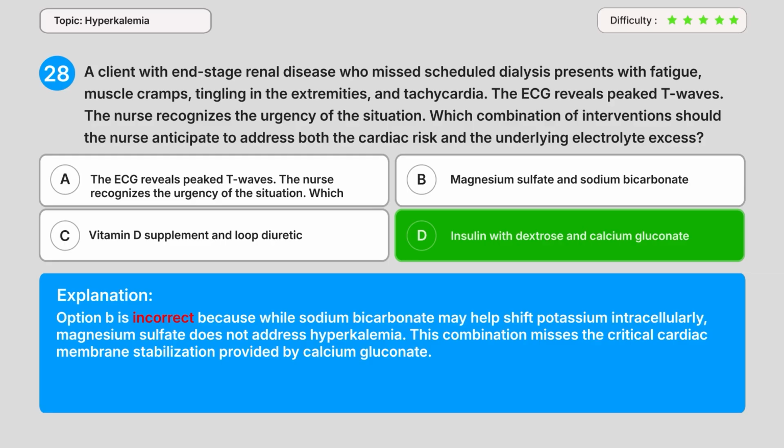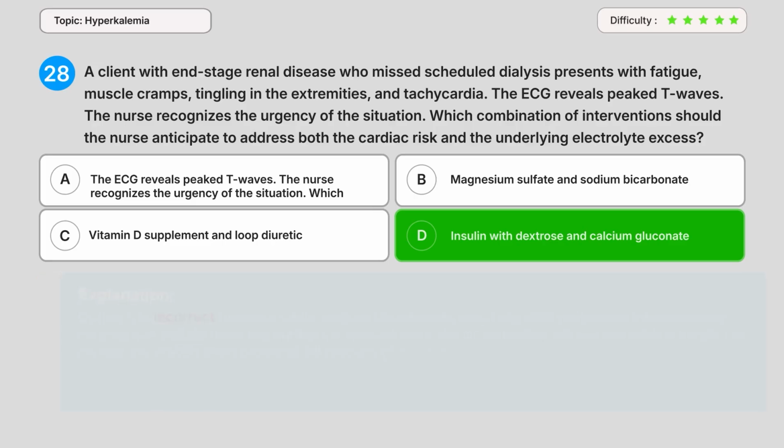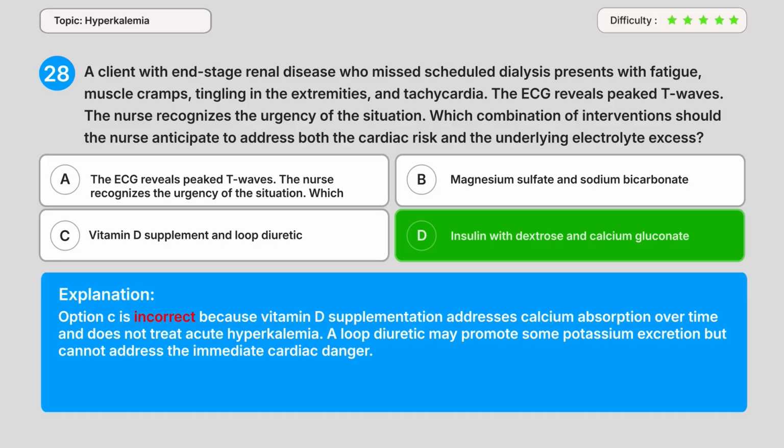This combination misses the critical cardiac membrane stabilization provided by calcium gluconate. Option C is incorrect because vitamin D supplementation addresses calcium absorption over time and does not treat acute hyperkalemia. A loop diuretic may promote some potassium excretion but cannot address the immediate cardiac danger.